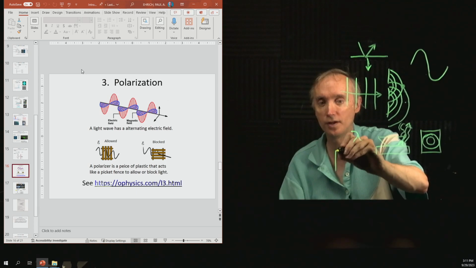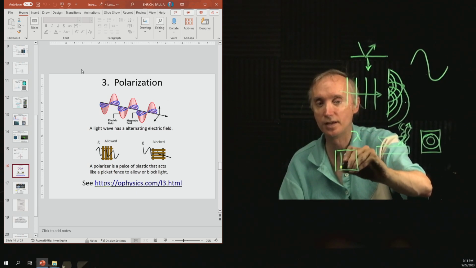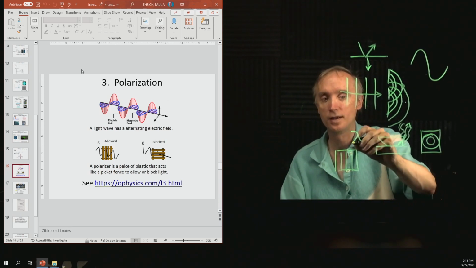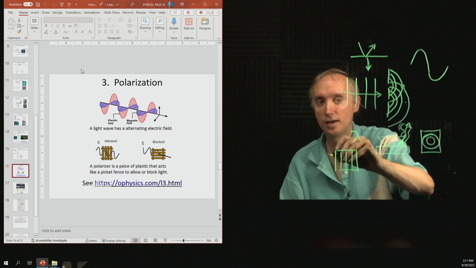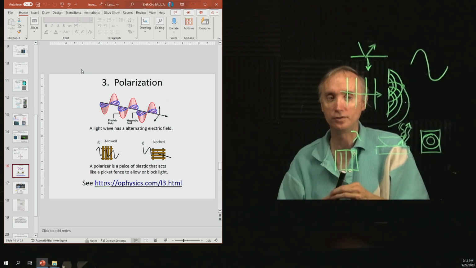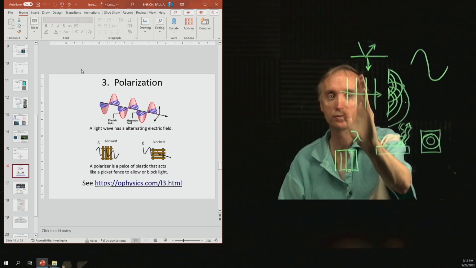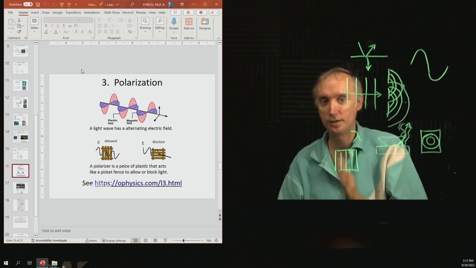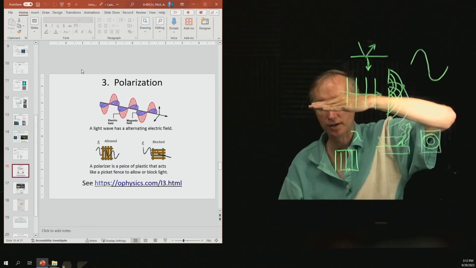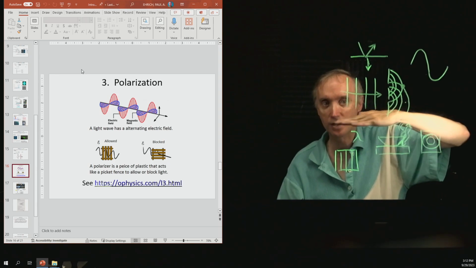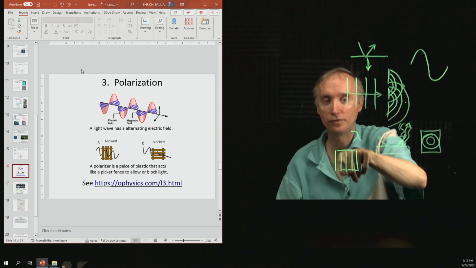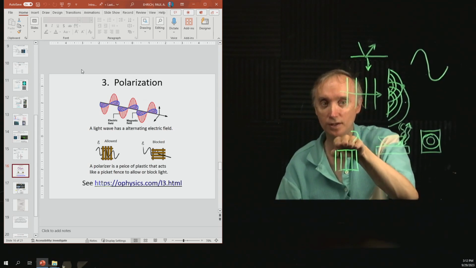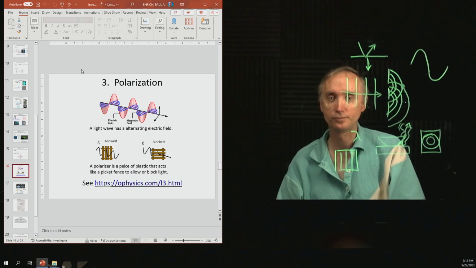A picket fence is going to have slits in it, and similarly, a polarizer has slits in it. So if the electric field is up and down like this, it has no problems getting through the picket fence. But if the electric field is trying to go side to side, and the picket fence is up and down, it blocks it. So that light doesn't get through the polarizer.